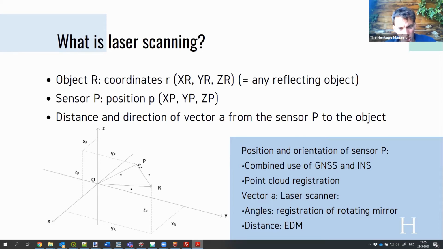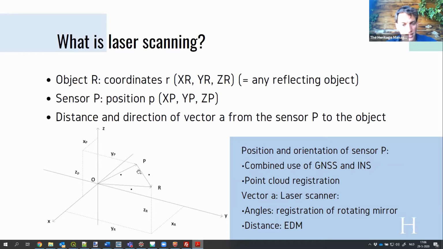And then the biggest challenge is actually to derive the distance vector between P and R that defines the spatial relation between P and R as a function of our entire coordinate reference system. So this here, O, is the origin of our coordinate reference system.